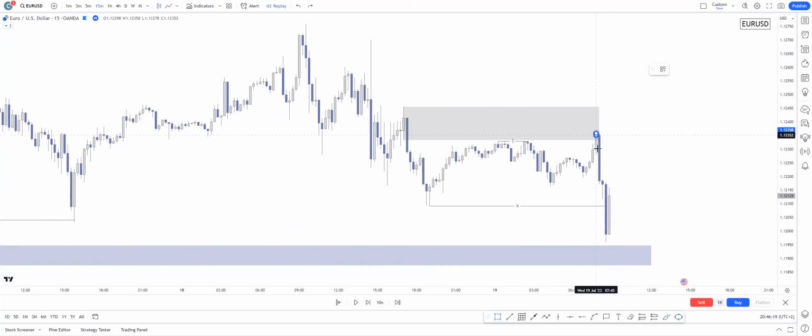Price technically left behind a newly formed 15-minute supply area right here. Technically, the breakout structure happened from this 15-minute candle directly, but I would mark out a 5-minute supply area at this region. This is our valuable 15-minute supply, which has initiated this whole structure breaking movement.